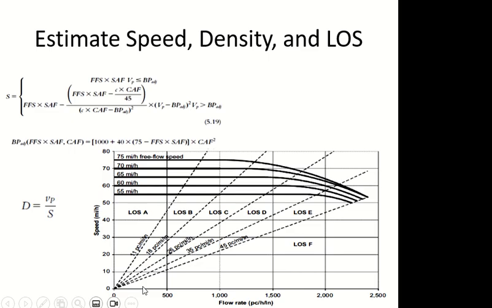Slope measured from the y-axis, because speed is the denominator, the base. So these density values are basically slope measured from the y-axis, because flow rate upon speed is the slope.